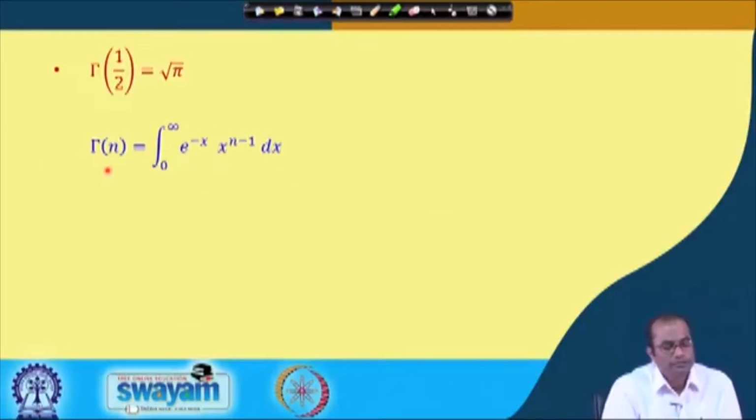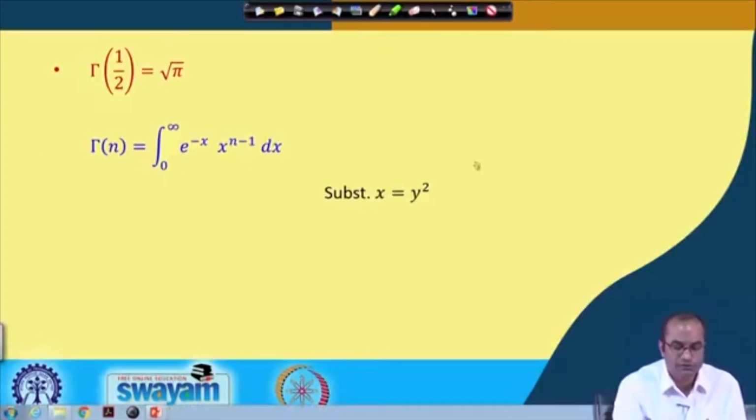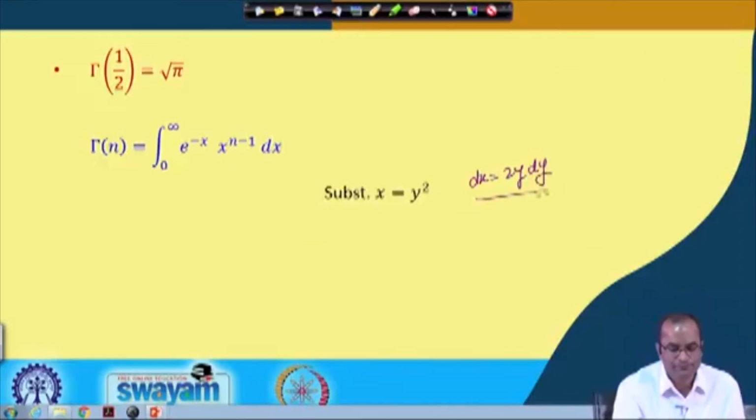So, gamma n is integral 0 to infinity e power minus x and x power n minus 1 dx. If we substitute x is equal to y square in this integral, this will give another form of this gamma integral. So, what will happen for the substitution? The dx will become 2y dy. The limits will remain the same.